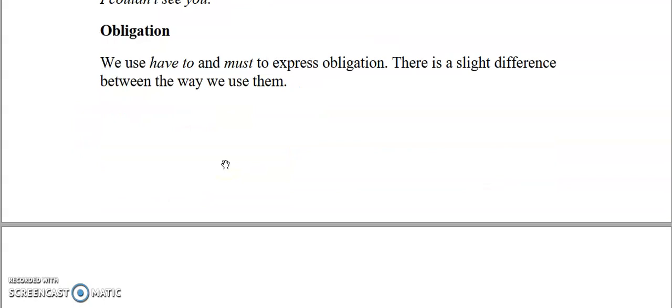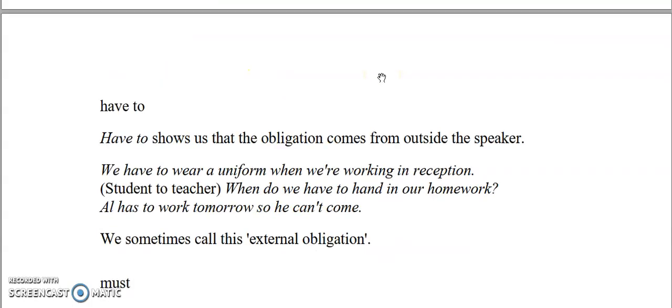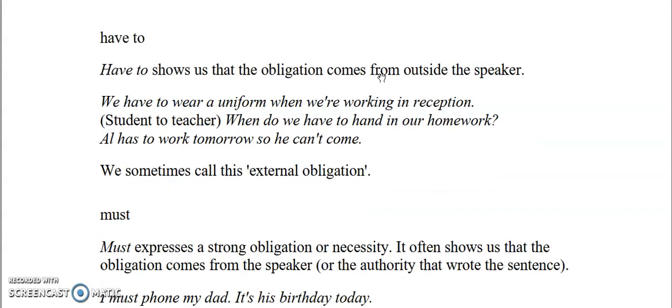Obligation. We use have to and must to express obligation. There is a slight difference between the way we use them. Let's start with have to. Have to shows that the obligation comes from outside the speaker. For instance, we have to wear a uniform when we're working in reception.